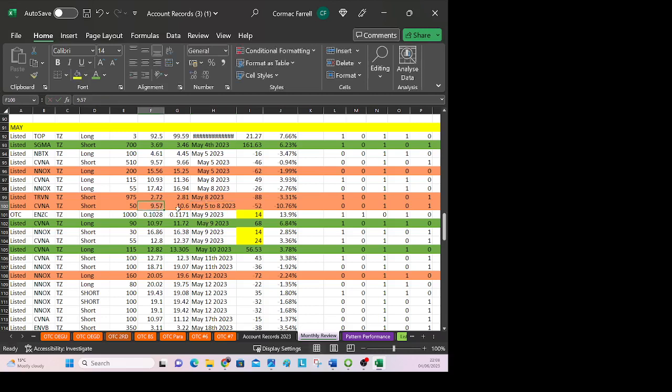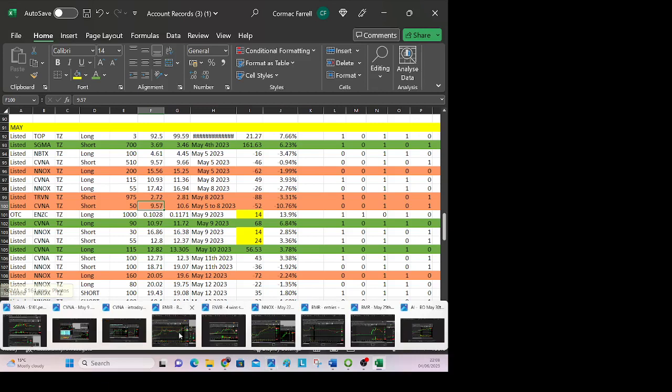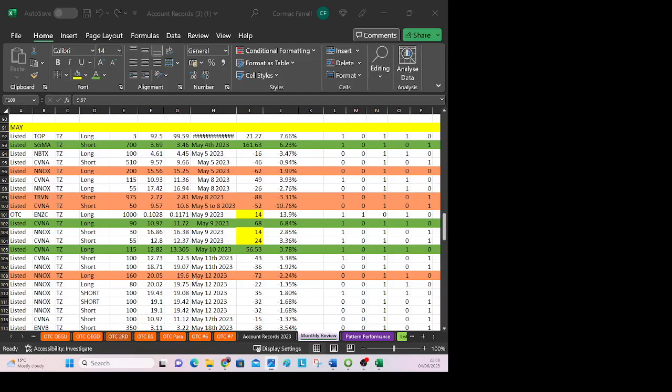This was a short. Oh yeah, that was an accidental short where I was swinging it overnight. That was scary. I don't have that saved, I don't think. CVNA long on the May 9th. Here we go.